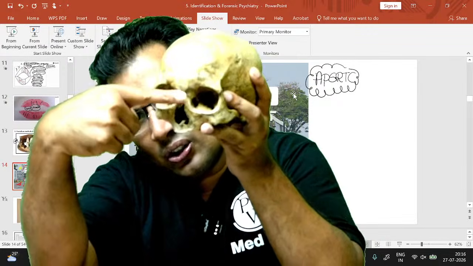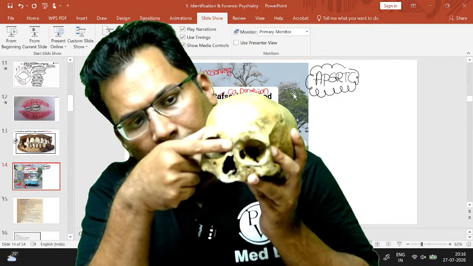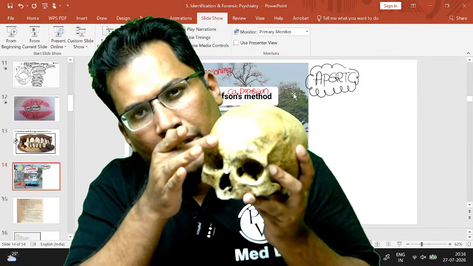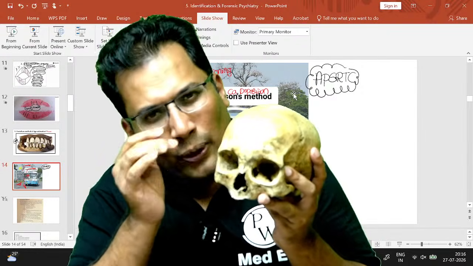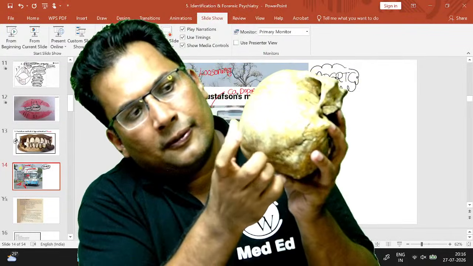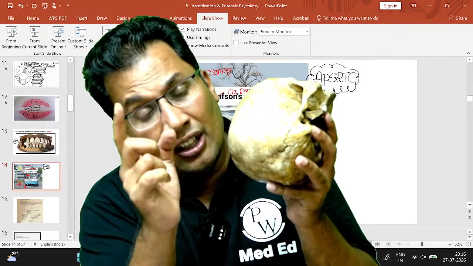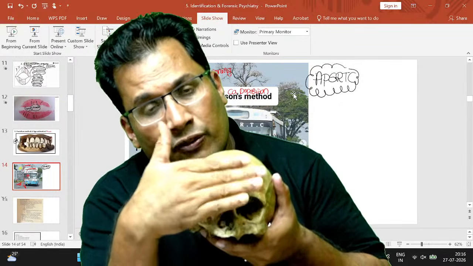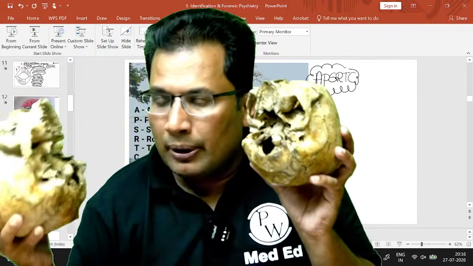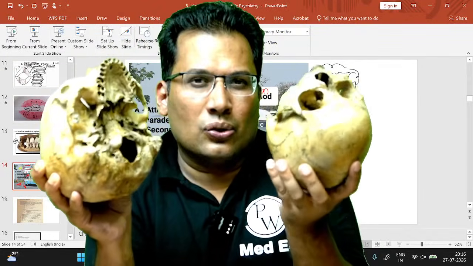The frontonasal junction is not prominent. You can see here the frontonasal junction. You can see the sharp orbital margin. Supraorbital eminence is not prominent. But look at the frontal eminence and the parietal eminence. The parietal eminence is very large. Frontal eminence is also large. Straight forehead. Look at the foramen magnum. Foramen magnum is small. Look at the foramen magnum here, it is big. So my question, left and right: identify male or female.